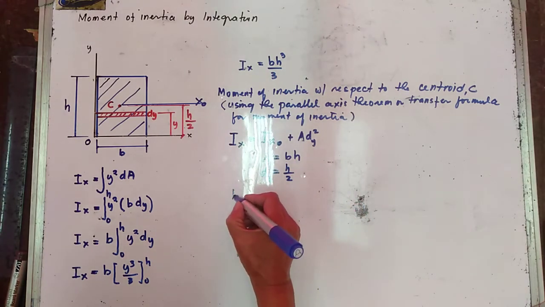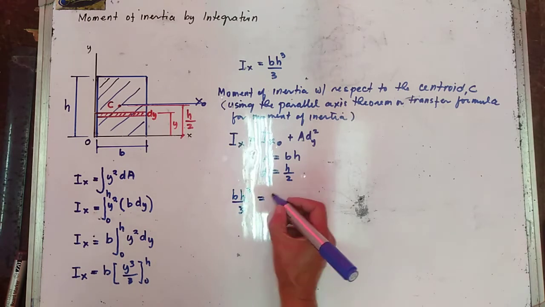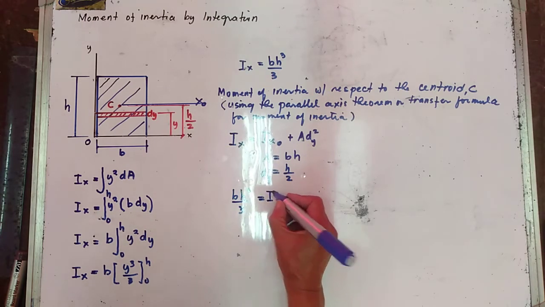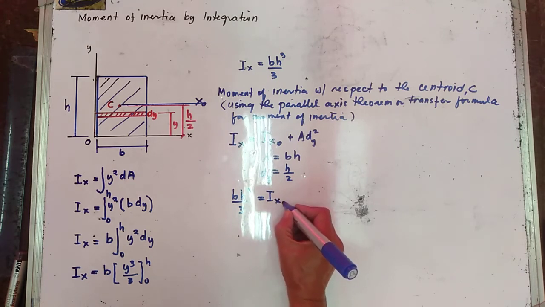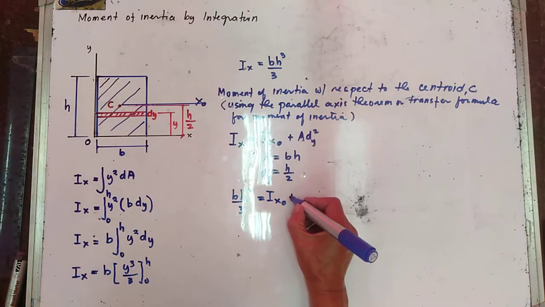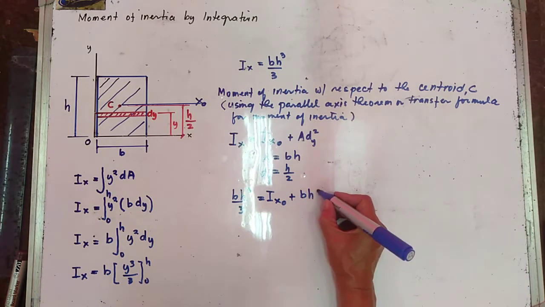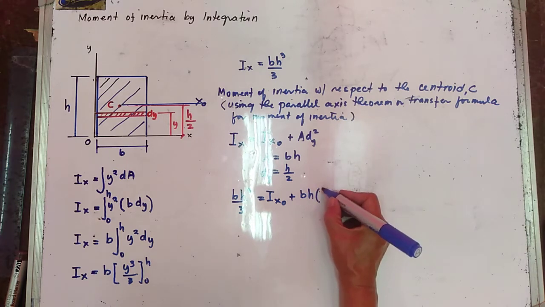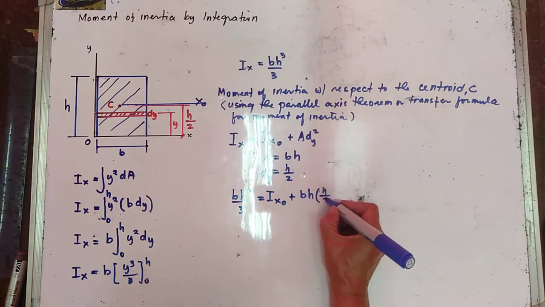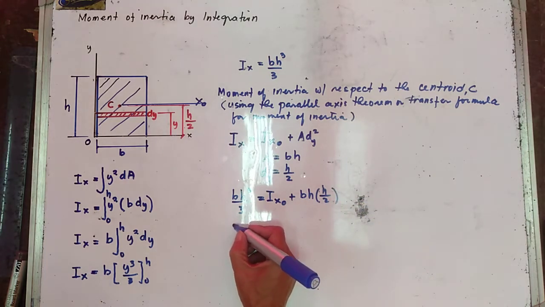So this BH cubed all over 3 is equal to the moment of inertia with respect to the centroid of the area in the x-axis plus ADY squared. So here A is B multiplied by H, multiplied by D, Y is H all over 2.